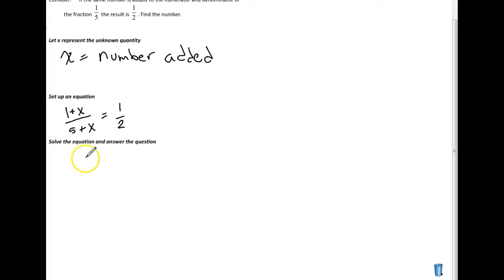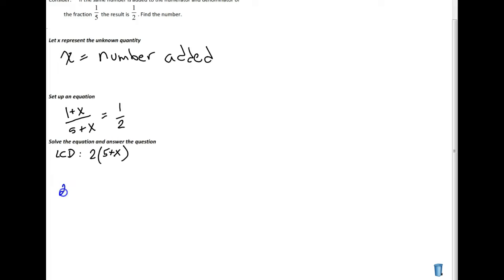In order to solve this rational equation, in previous sections we talked about finding common denominators. So the least common denominator in this case would be 2 times 5 plus x. So we're going to multiply that by both sides of our equation.